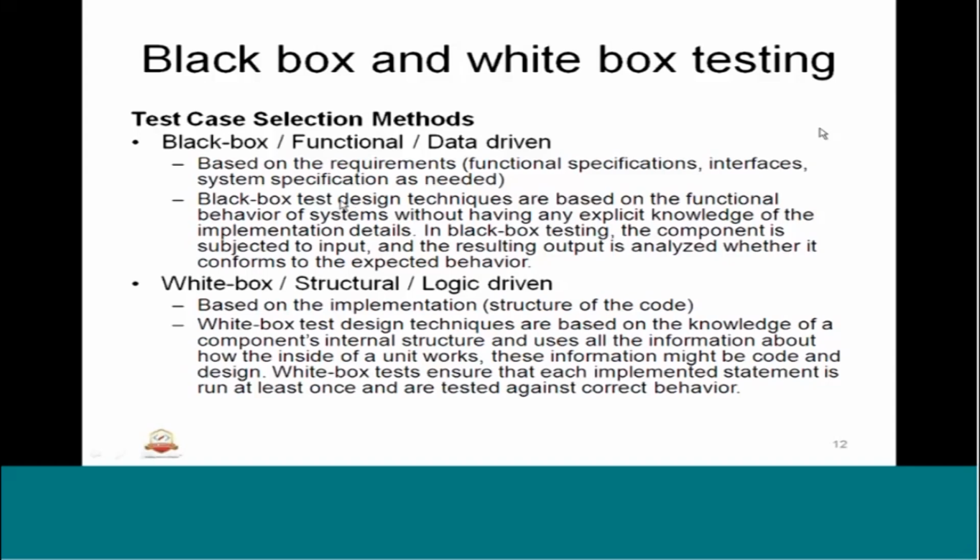So these are some of the aspects of test case selection for black box and white box. For the test cases that we have selected, we have inputs that will be determined.